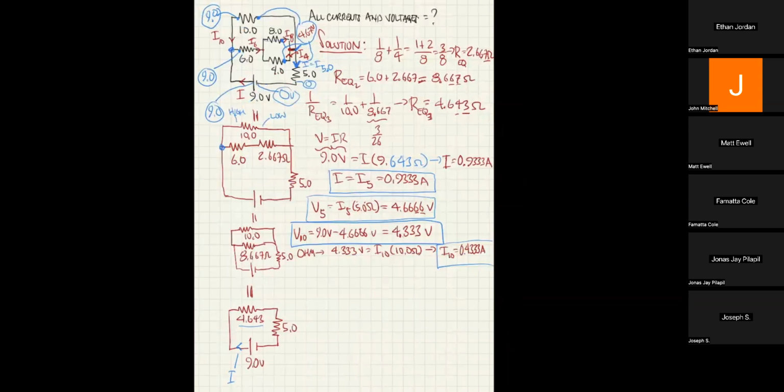What I do know though is that the 9 volts is at the left side, and the 4.67 volts is at the right side. So that tells me my current was actually in the opposite direction. So I'm going to now say in opposite direction.